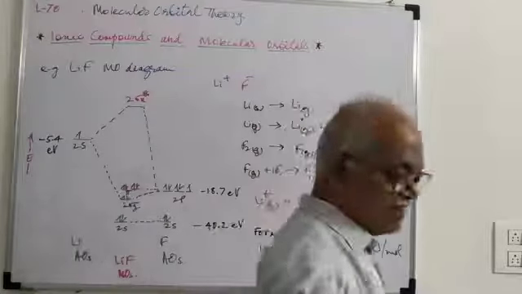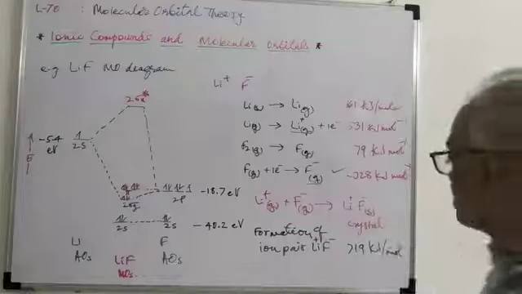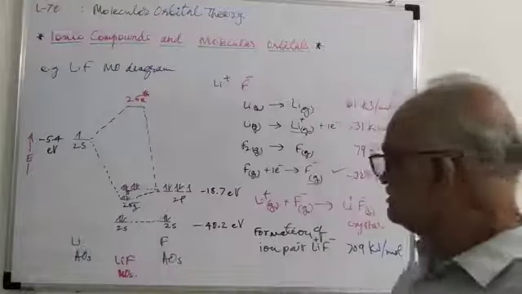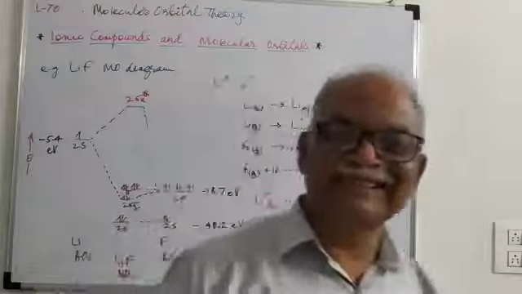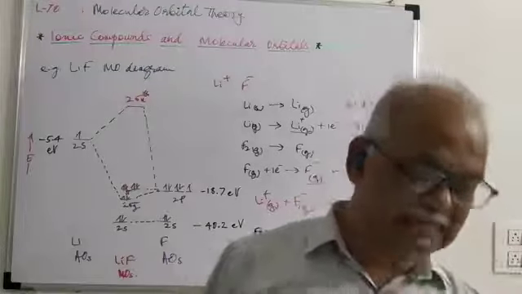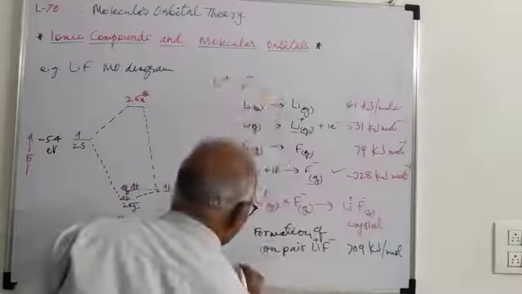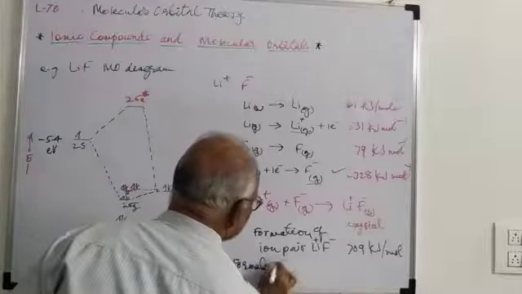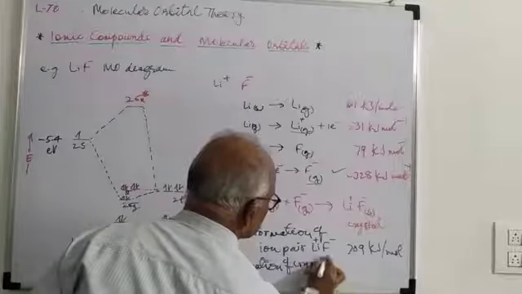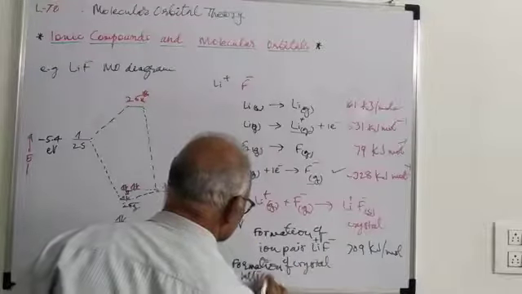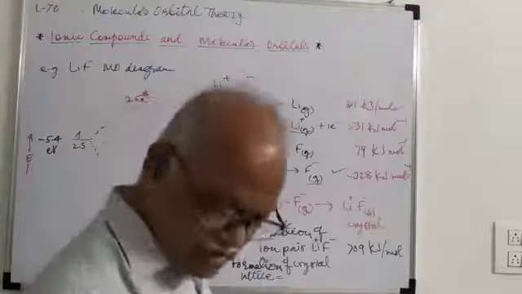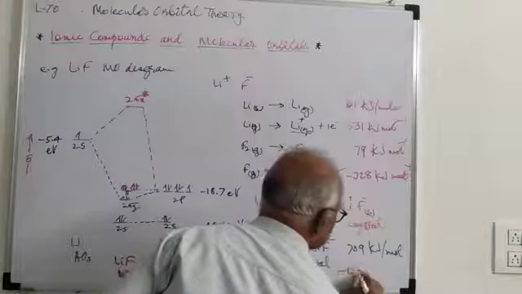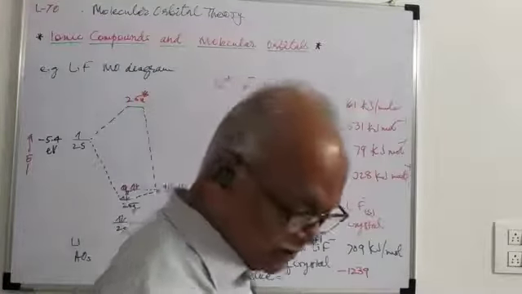So this energy lost is 709 kilojoules per mole. Then the energy lost during the formation of the crystal lattice also has a larger value, that is minus 1239 kilojoules per mole.